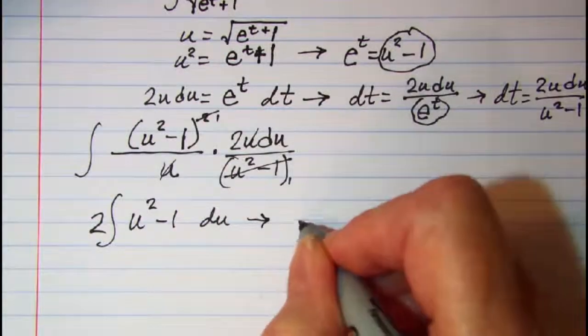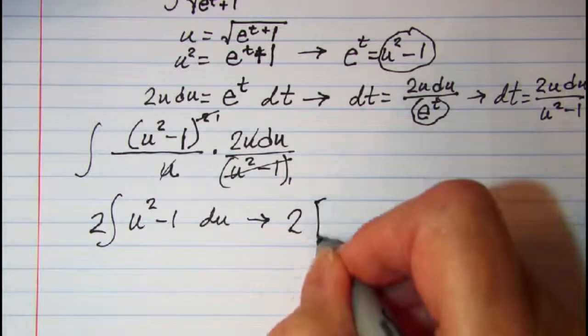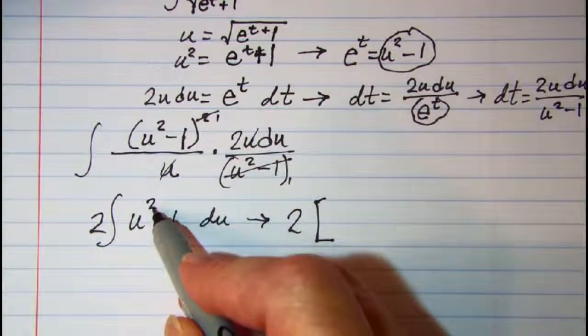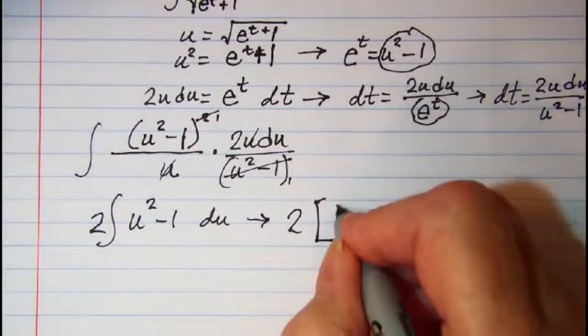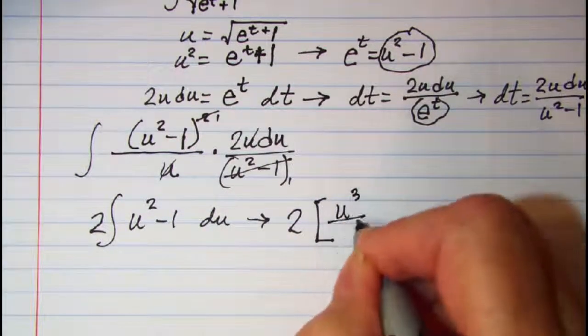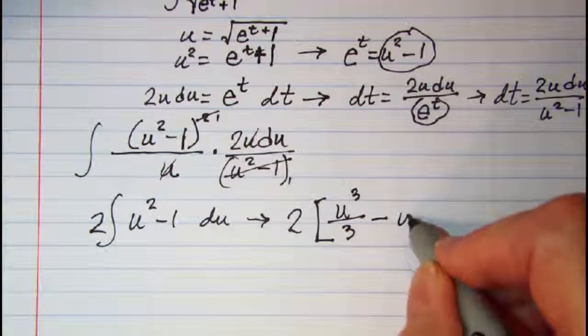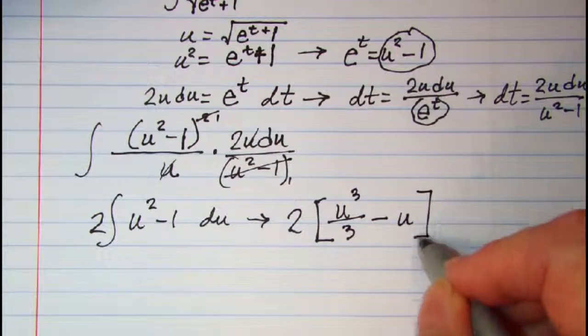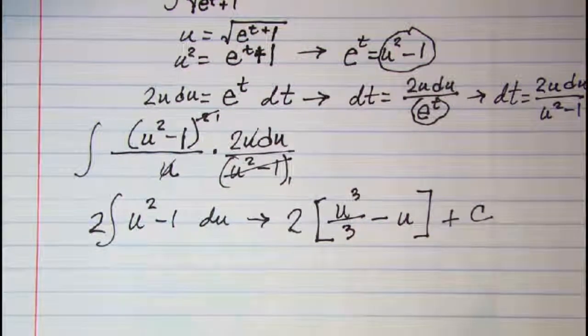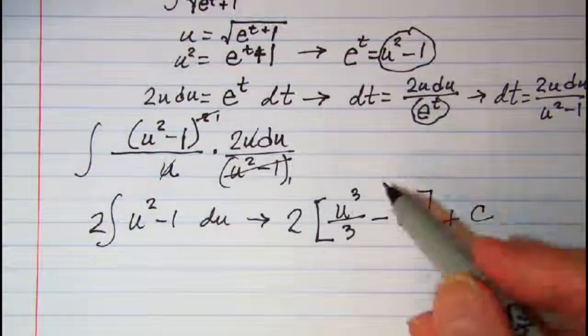This is 2 times u to the third power divided by 3 minus u plus a constant.